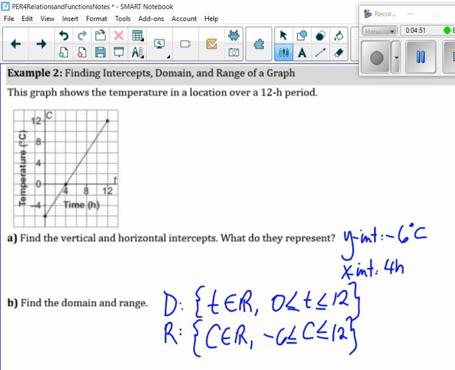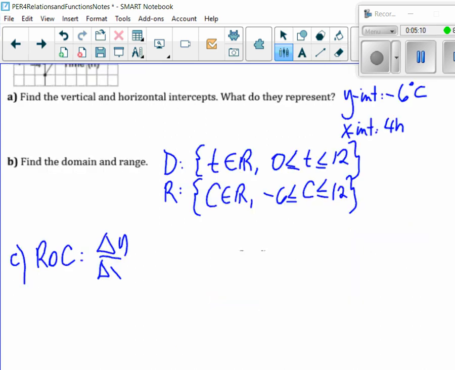It doesn't matter where you do it. I would probably do it from here to here. This is measuring 12, and this is measuring 8. So my rate of change would be 12 over 8, which reduces to 3 over 2.